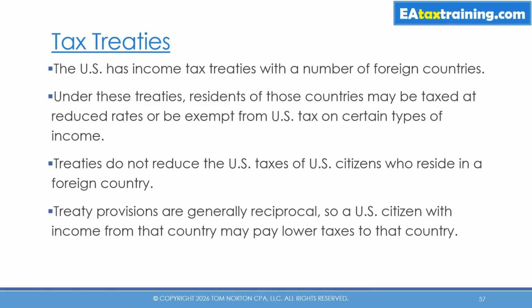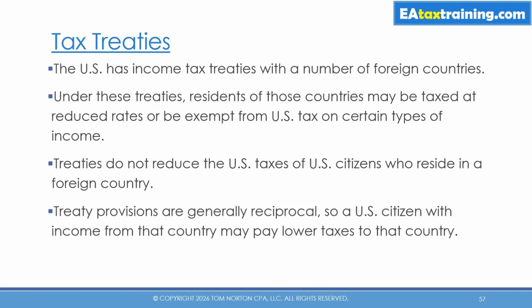Tax treaties. The U.S. does have income tax treaties with a number of foreign countries. Under these treaties, residents of those countries may be taxed at reduced rates or be exempt from U.S. tax on certain types of income. But it's very important to know that treaties do not reduce the U.S. taxes of U.S. citizens who happen to reside in that foreign country.